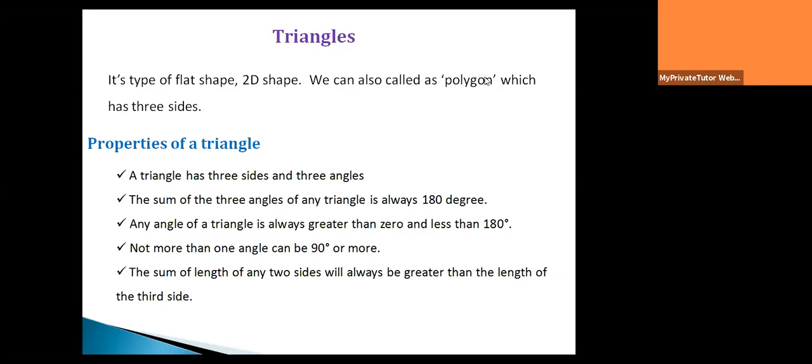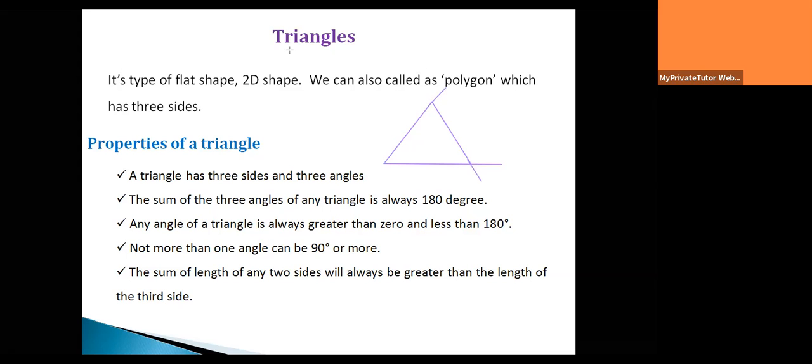If you want me to explain a bit more, let's draw a triangle here. The interior angles are the angles inside the triangle. These three angles add up to 180, not the exterior.